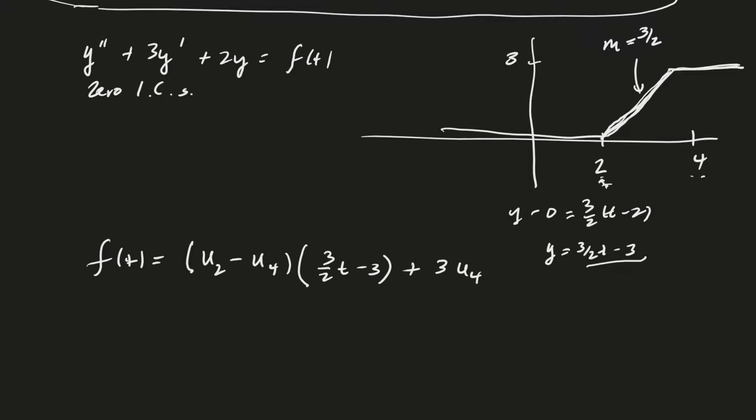Good. Now we just need to write this in terms of the table. When I'm using a table, I like to put everything that has to do with u sub 2 together, and then everything that has to do with u sub 4 together. So this will be 3/2 t minus 3 times u sub 2, and then plus, minus 3/2 t plus 3 is plus 6, times u sub 4.